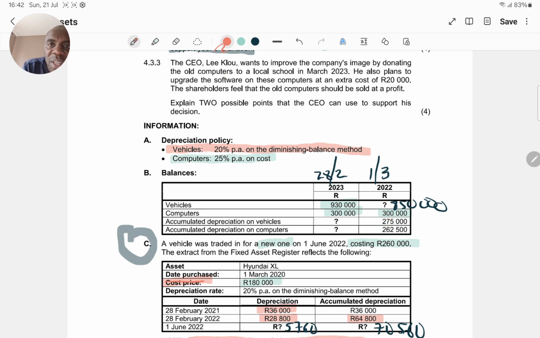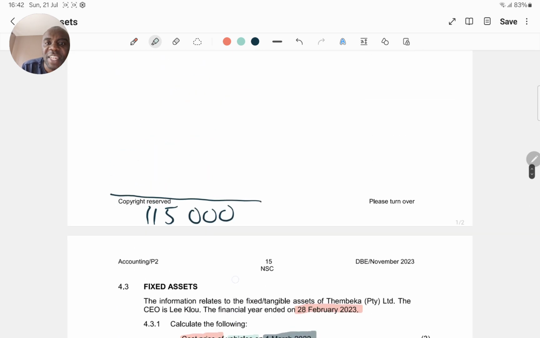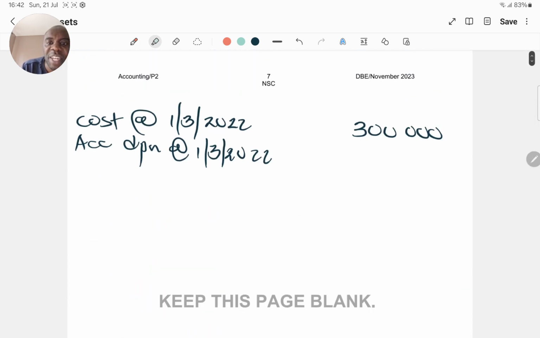We are looking at computers, so there it is: accumulated depreciation on computers on the 1st of March 2022 is 262,500.